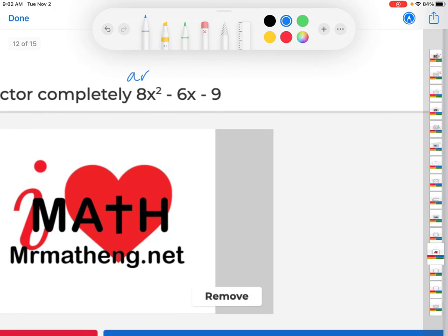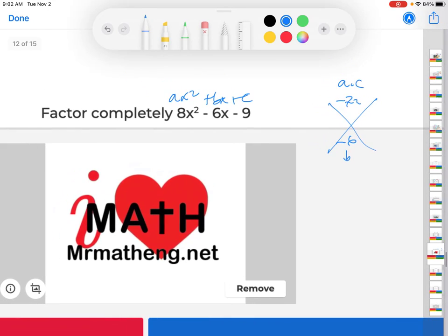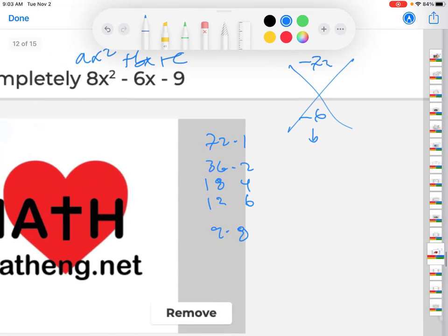All right, to factor this one, A, B, C. So A times C is -72. My B value is -6. I'm just going to quickly write those out. 9 times 8, 4 times 18, 3 times 24, 2 times 36, 1 times 72. Any of those match?